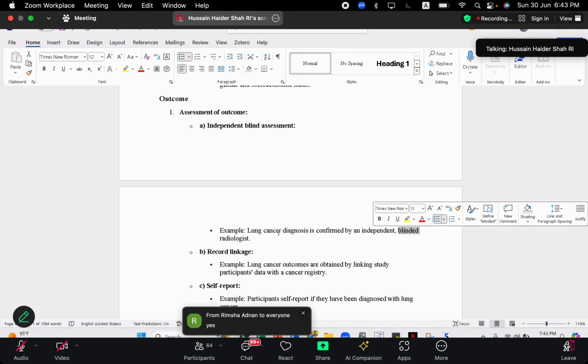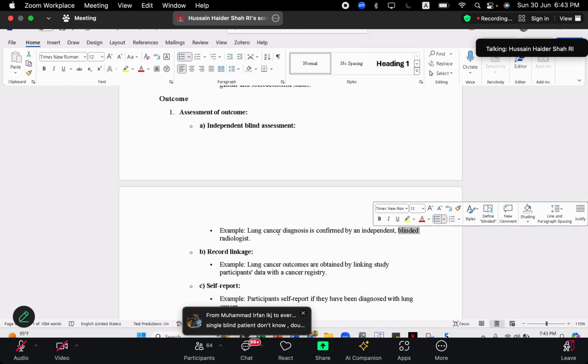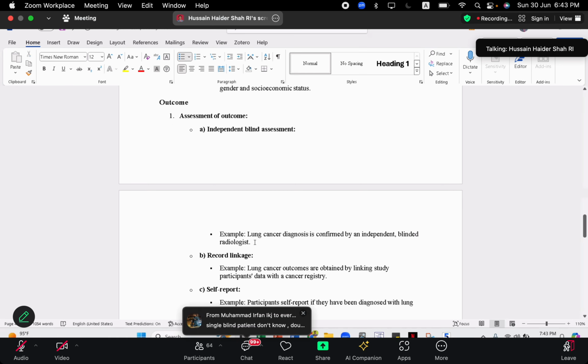Double blinding, triple blinding, these are blinding techniques in which the patient doesn't know which medication he's taking. The doctor doesn't know which medication he is giving to the patient. Is it a medication or is it a placebo pill? So if this blinding technique is ensured, we will give it a star. Single blind, the patient doesn't know. Double blind, both the patient and the doctor don't know.